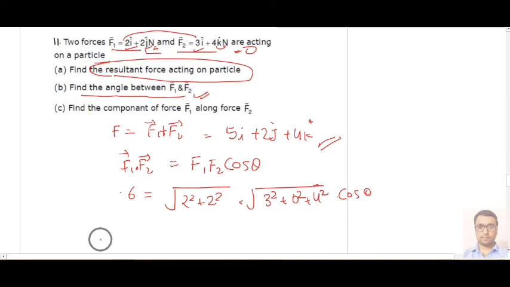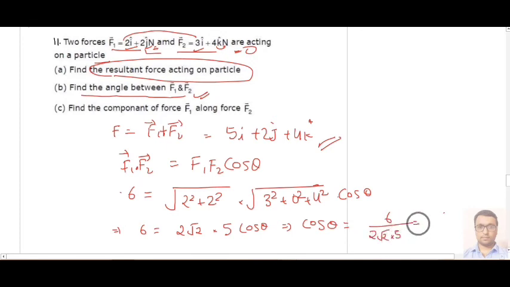So from here we can write 6 equal to 2 root 2 into 5 cos theta. So from here we will write cos theta equal to 6 upon 2 root 2 times 5, and this will come out as 3 upon 5 root 2.